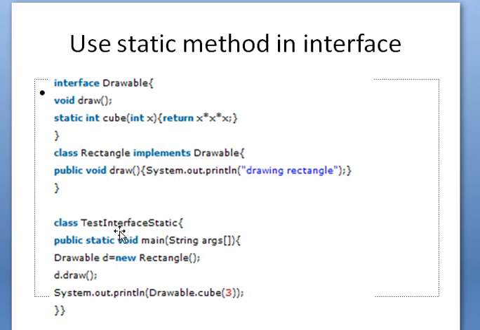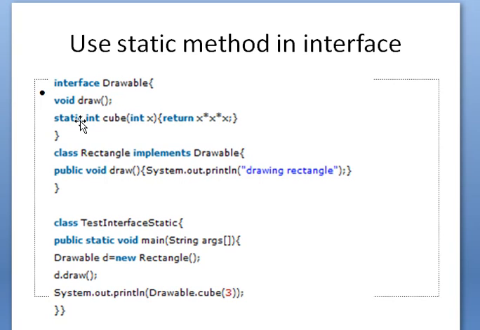Now this is the TestInterface class. Inside the main method, I am creating an object of the Rectangle class with the reference of the interface. So if I call d.draw, then it will go here and process it. But I want to call this cube method of the interface. Generally, if a method of a class is a static method, then it's a thumb rule that to call that static method we never use an object.